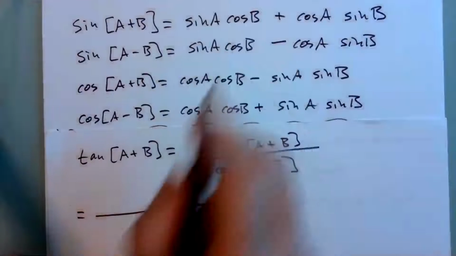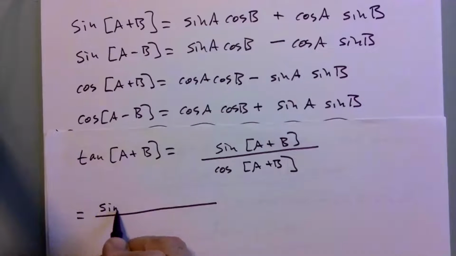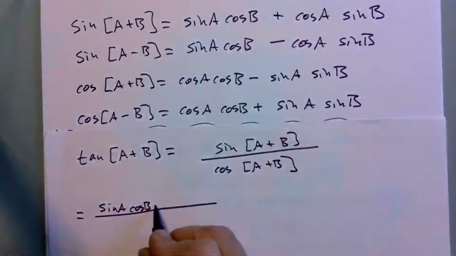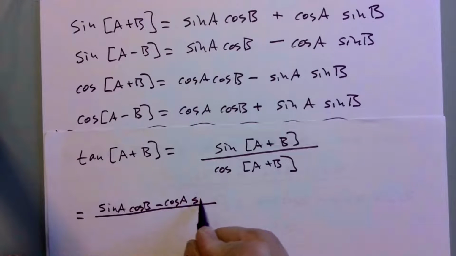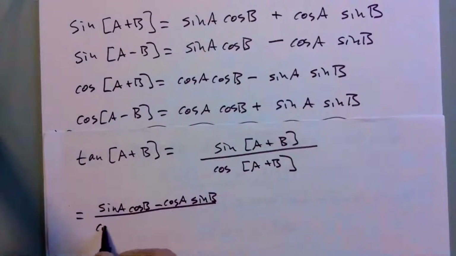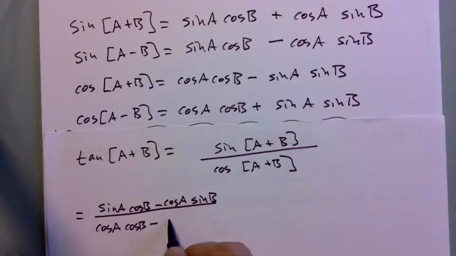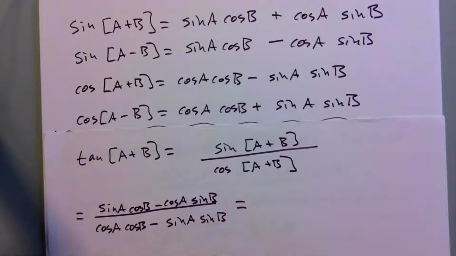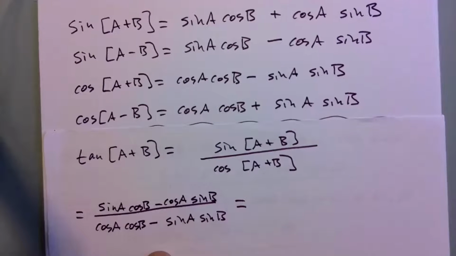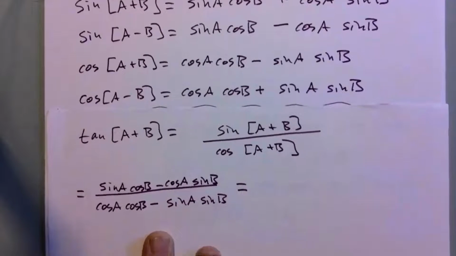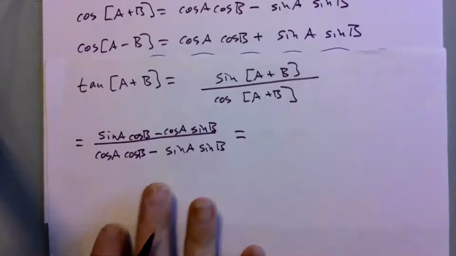Sine of a plus b, sine a cos b minus cos a sine b, over cos of a plus b, cos a cos b minus sine a sine b. Okay, that is a form for tangent of a plus b. So that's not wrong. But what we can do is make that look a little cleaner.